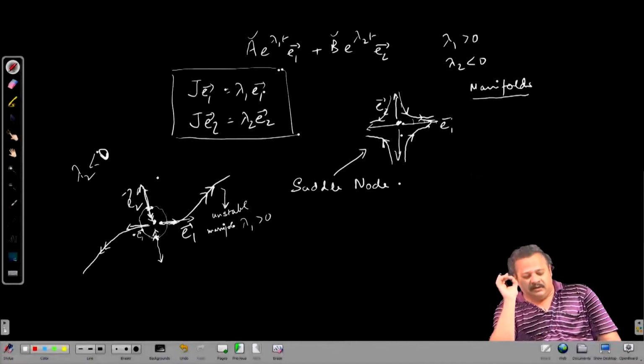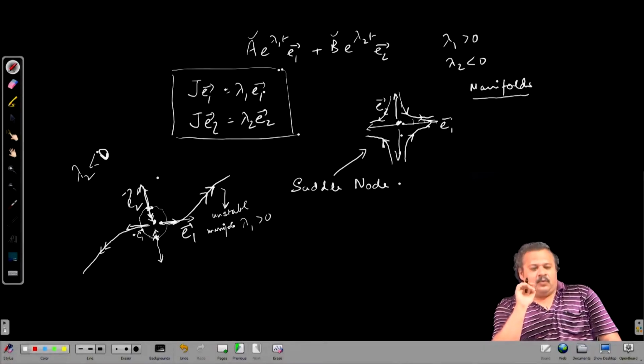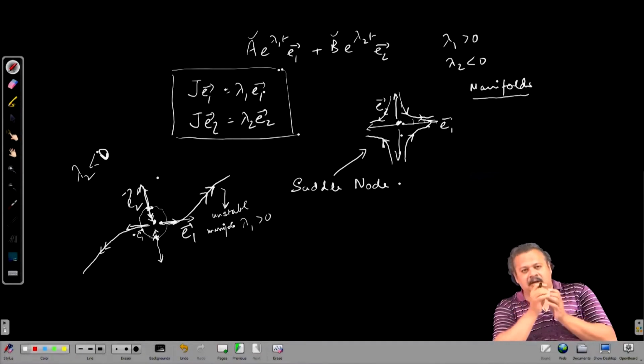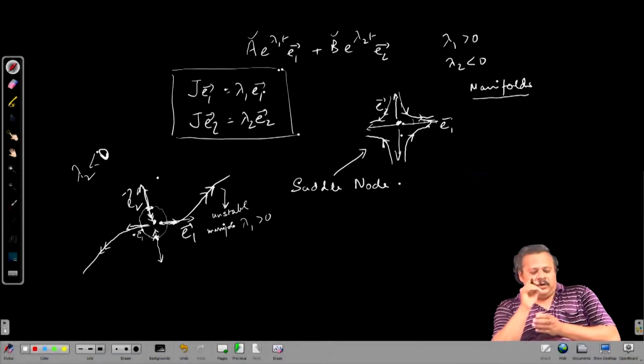So if we start very close by exactly along E2, then it has to go into the saddle node, whereas any other point, starting infinitesimally away from that line, it will never go into the saddle node.